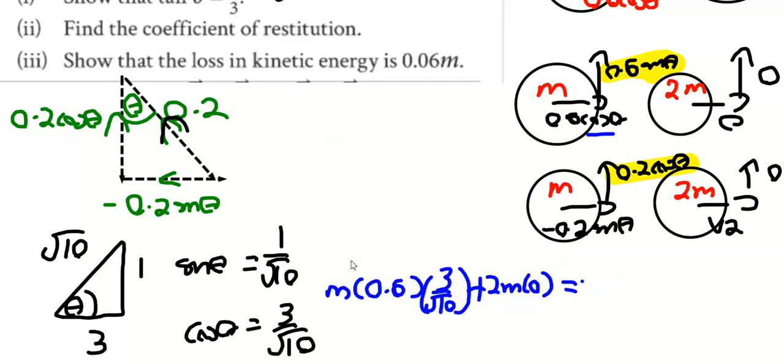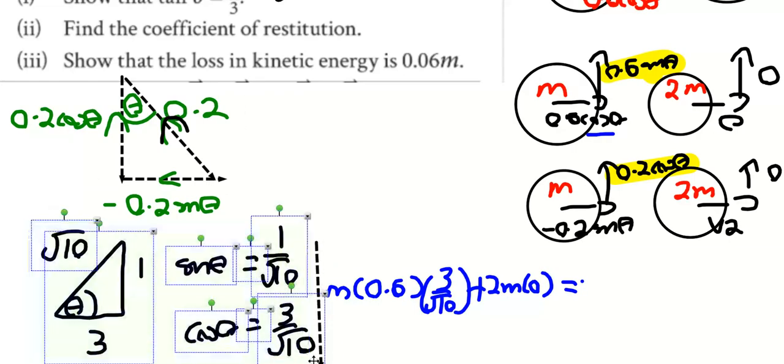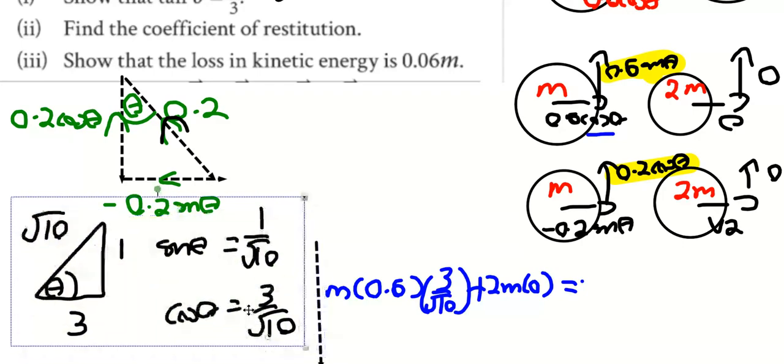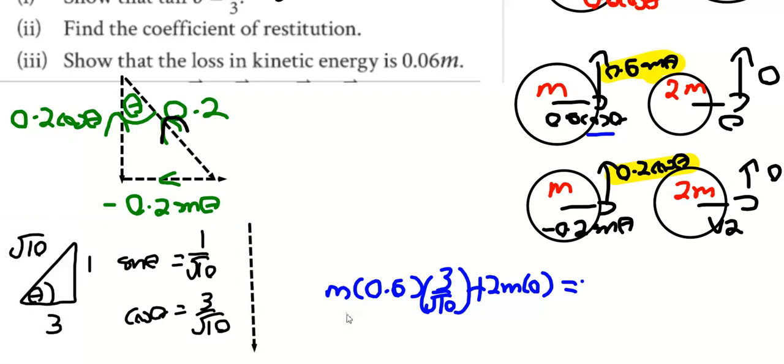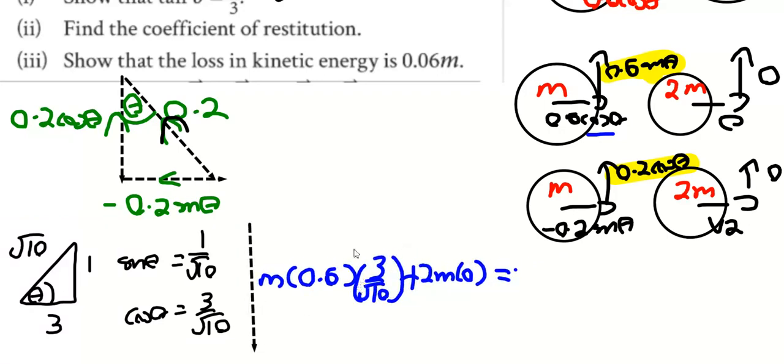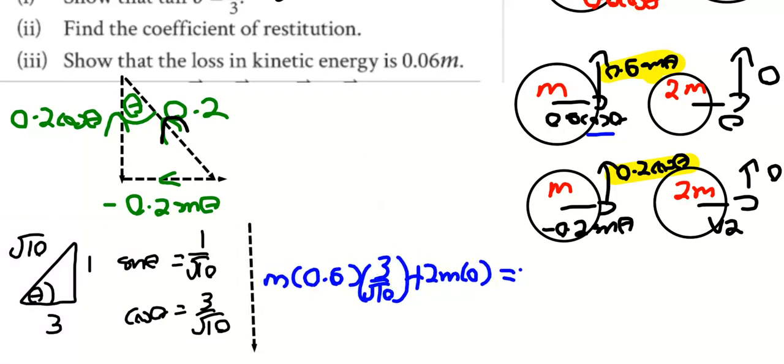So, and then, let's do a bit of housekeeping here. All right, there we go. 0. Now I'm going to do M times minus 0.2 sine theta, which is 1 over root 10.